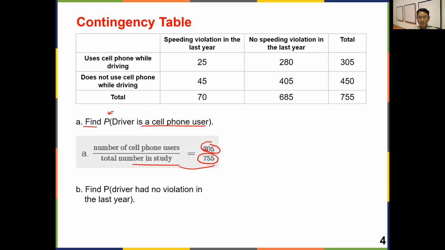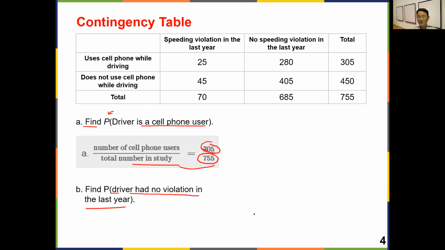And what about this one? Find the probability that the driver had no violation. I guess this is a speed violation, right? No speed violation. Okay. So how many of them did not get a speeding ticket last year?